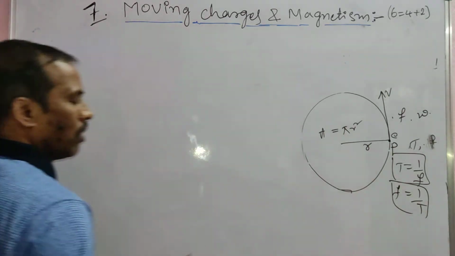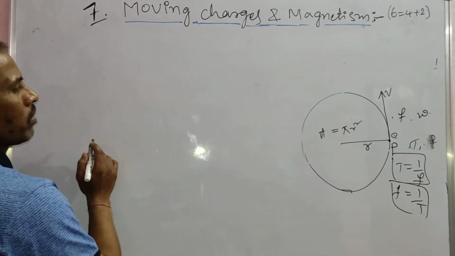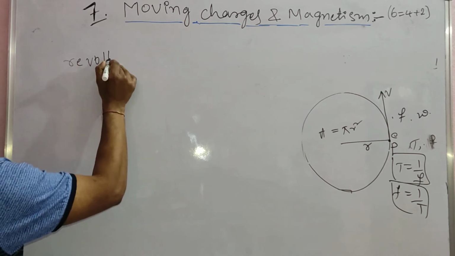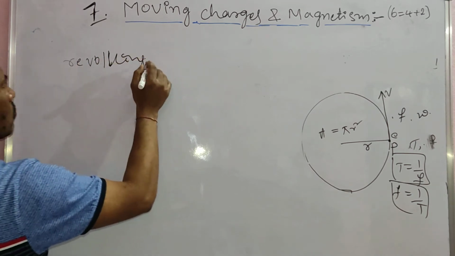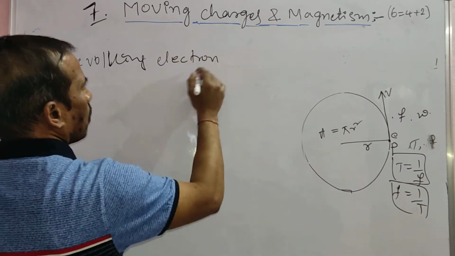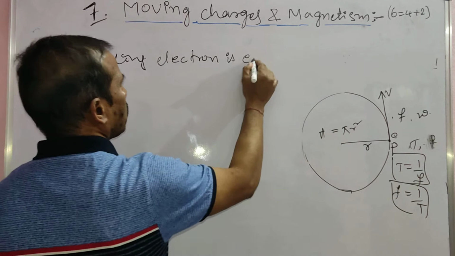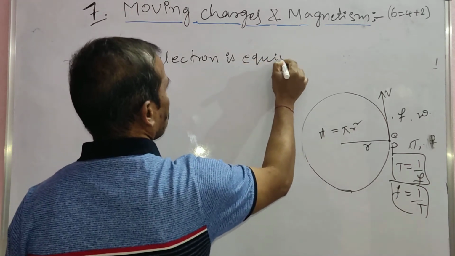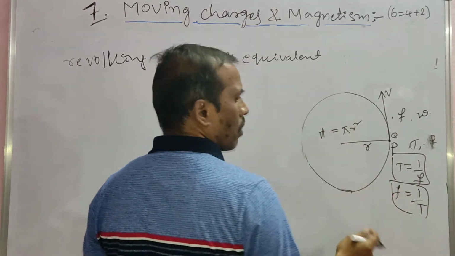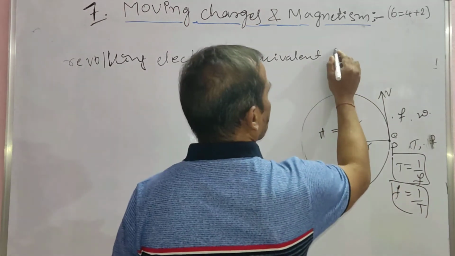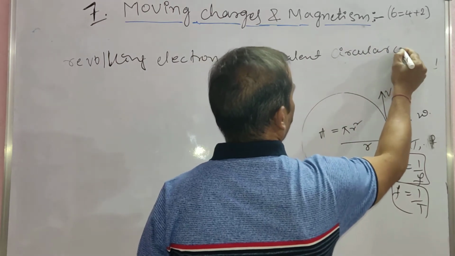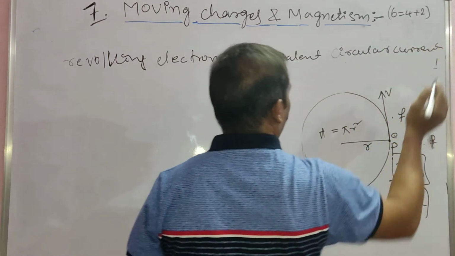The circular current is I equal to charge into frequency.